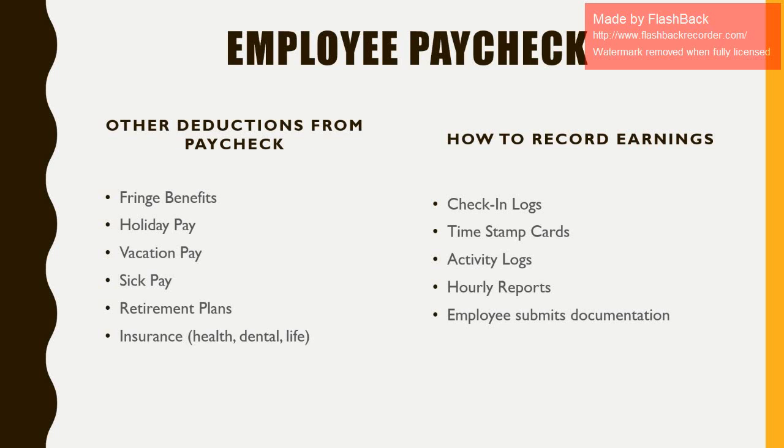Or maybe I have season tickets that I can get discounted for one of the Las Vegas shows here in Vegas. That is considered a fringe benefit. Or anything like travel, where all those things are paid for. If there's a convention going on, we pay for your hotel, we pay for your food. That's considered a fringe benefit.